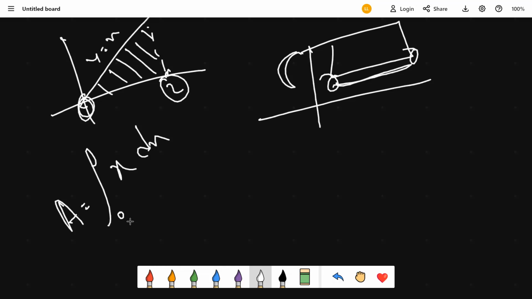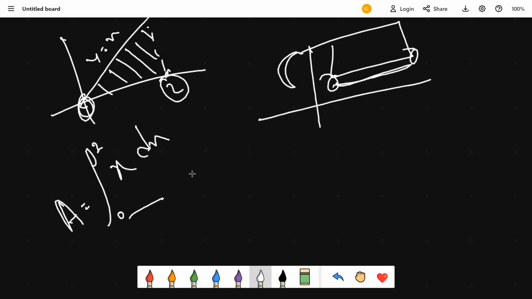The starting value is placed at the bottom right corner of the integration sign, and the 2 is placed on the top right corner of this integration sign. These are the two positions where we place the limits. That means it starts from this position and continues till that position.